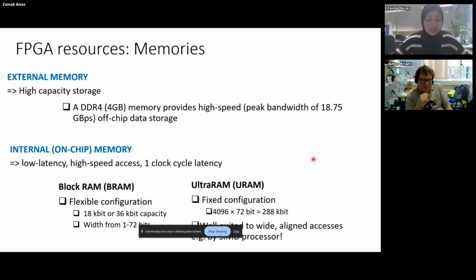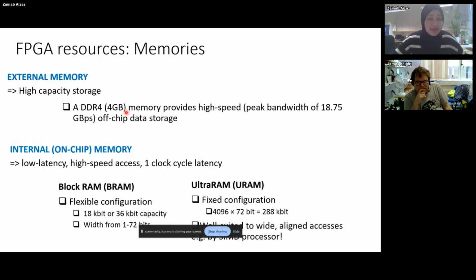Knowing the capacity and type of memory for building an AI accelerator on FPGA is critical, because the performance, efficiency, and feasibility of the design depend almost entirely on how well the accelerator manages data movement. We have two kinds of memories on this Zynq UltraScale architecture: the external memory, which we just talked about on the PS side, and the internal memory, which is built on the programmable logic.